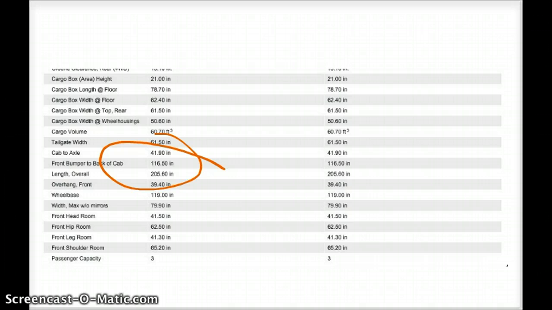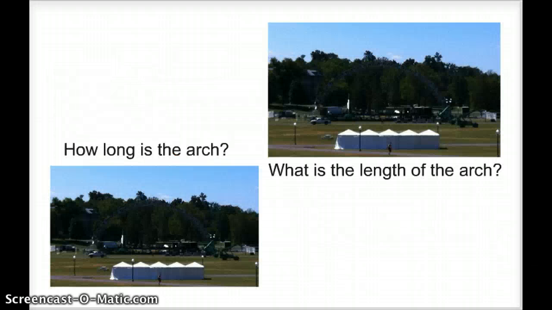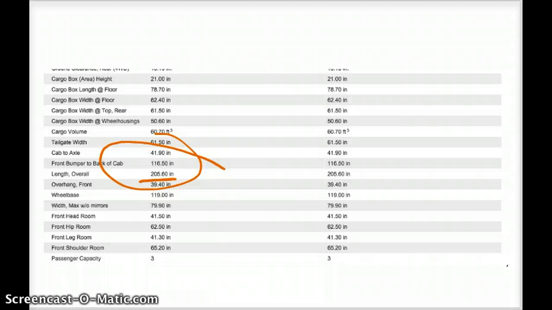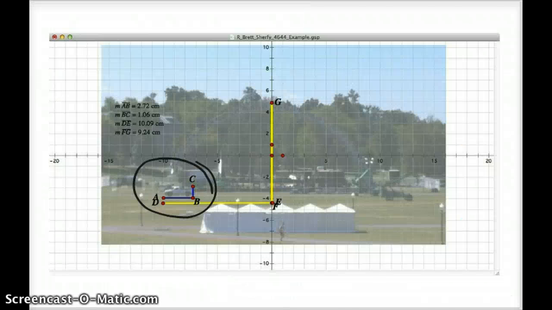So now they can know the overall length and the height, and just use a simple ratio to calculate it. So what I would say is, they could go back to these numbers and say, well, the overall height of the truck is 1.06, and let's see, GE is 9.24.